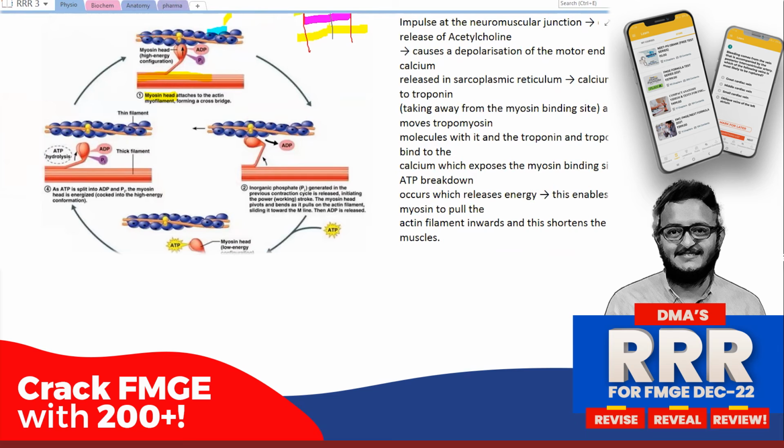This border is called tropomyosin. It is trying to make sure that actin and myosin should not bind. It is like a gatekeeper. It doesn't want the contraction to happen. So if I want to contract the muscle, I have to throw away the tropomyosin, and then only can actin and myosin interact.